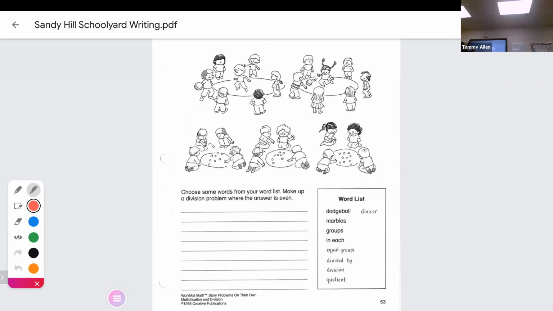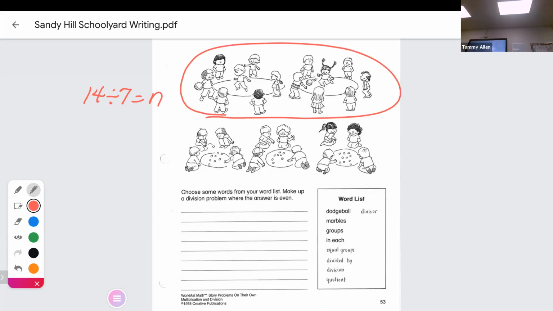So you're saying 14 divided by 7 equals n. Yes. Okay, I know what that is. It's going to give us the even number.